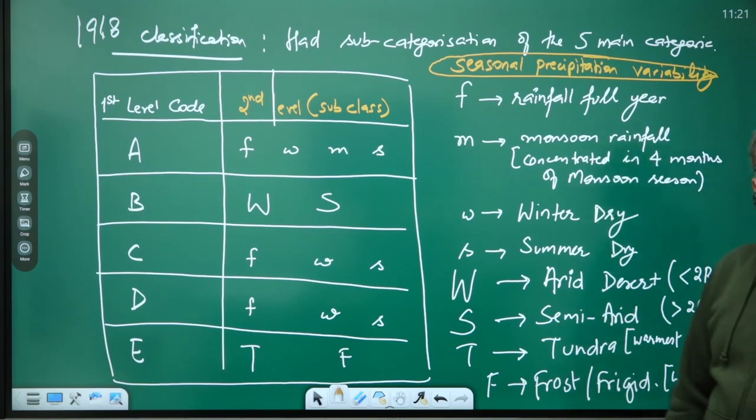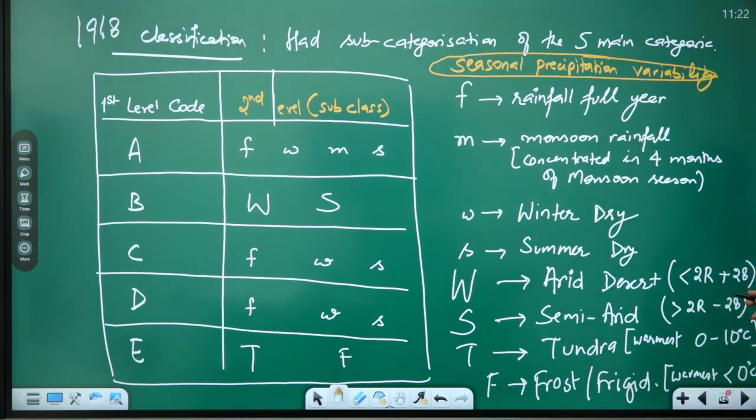And we probably have to divide it by 2 as well, half of the peak value. Everyone clear on this? I should have written 2t, I wrote r. It should be more than (2t plus 28) by 2 and less than (2t plus 28) by 2. Everyone done with this? Winter dry, summer dry.